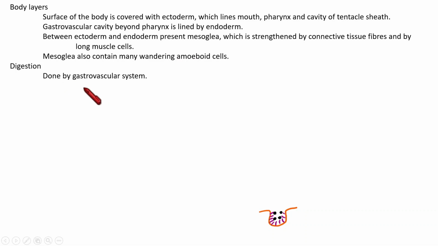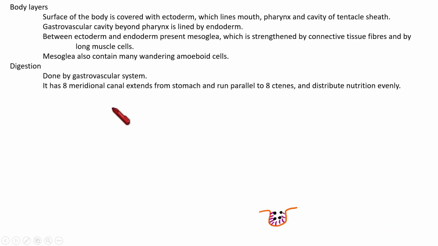Then digestion is done by the gastrovascular system. The gastrovascular system consists of 8 meridional canals. Just suppose this is that organism, and in its body the teens, that means the comb plates, are running this way. How many? 1, 2, 3, 4, 5, 6, 7, 8.